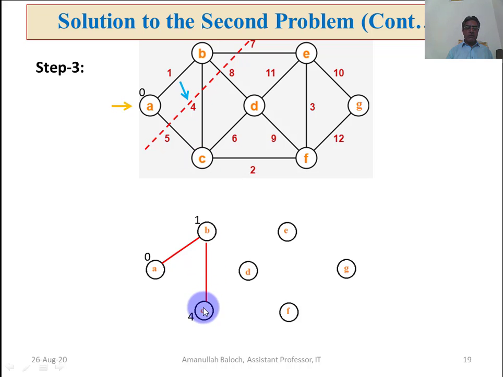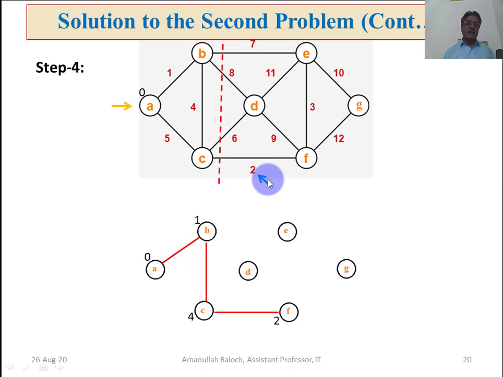Now we will make the cutting edge this way. At one side of the edge there will be processed, at the other side unprocessed nodes. You may see it here. These 3 are the unprocessed nodes, while these 4 are the processed nodes. Under the cutting edge there are many edges.